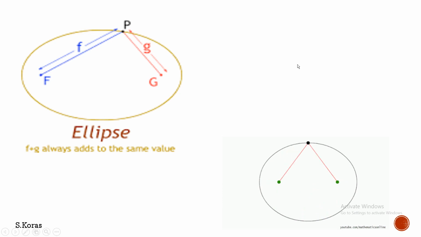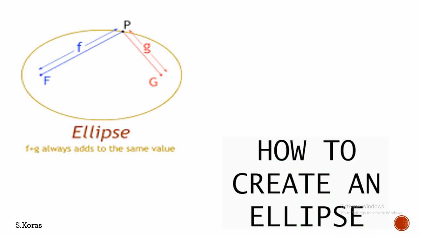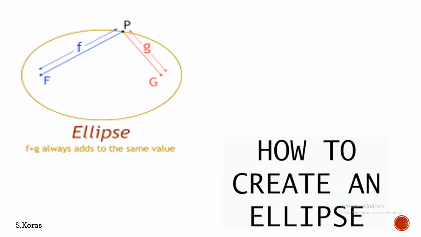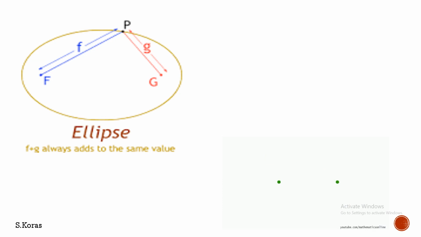Here you see the two fixed points are there, and we are taking a particular length, and that length is not changed at all, and it is stretched and moved and it traced a path. This is the locus. So this locus gives us an ellipse. In the earlier one it gave us a circle.